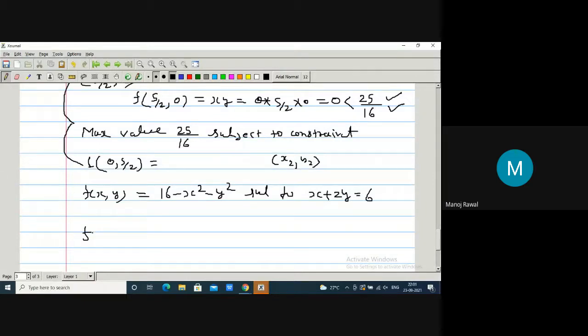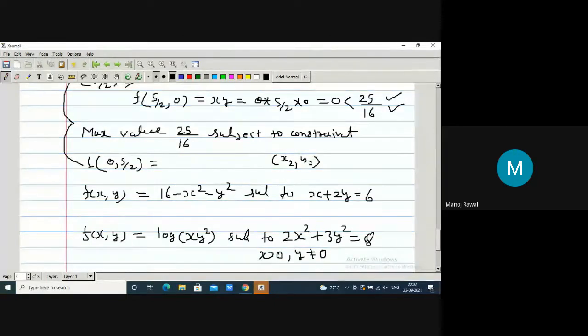And f(x,y) is equal to log x y square, subject to 2x square plus 3y square equal to 8, and we are given x strictly greater than 0 and y is not 0.